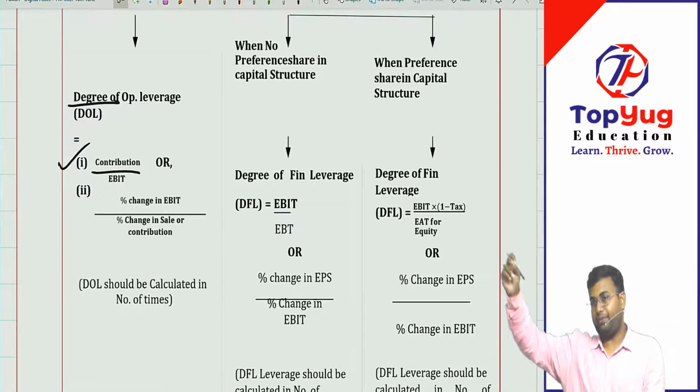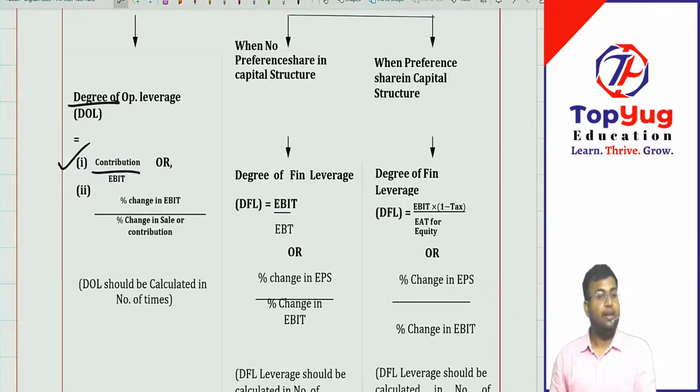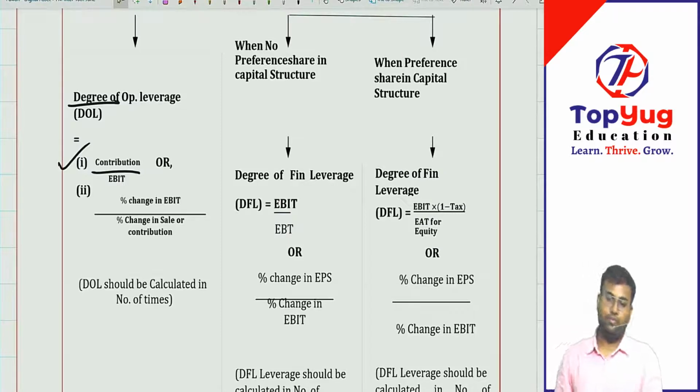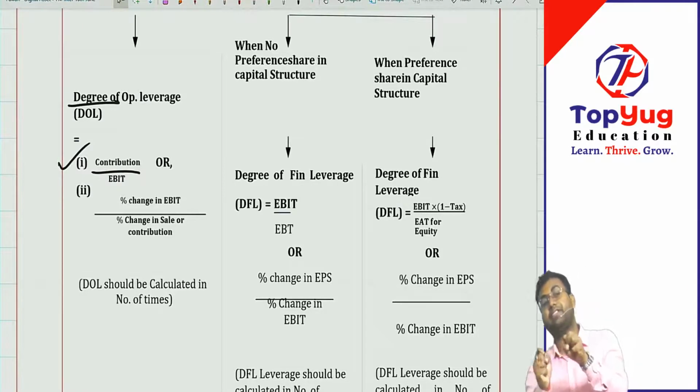Percentage change of EBIT divided by percentage change in sales. This is possible in a case where you don't have a bifurcation of fixed and variable cost.